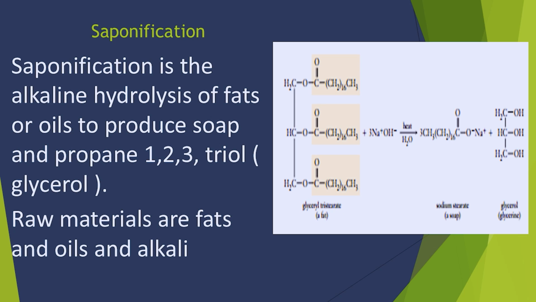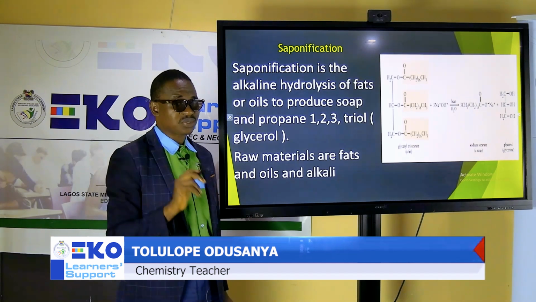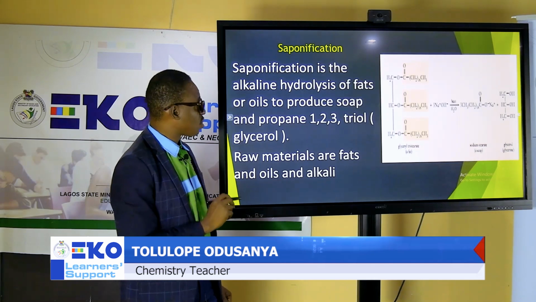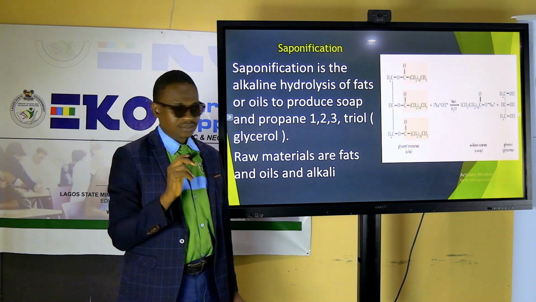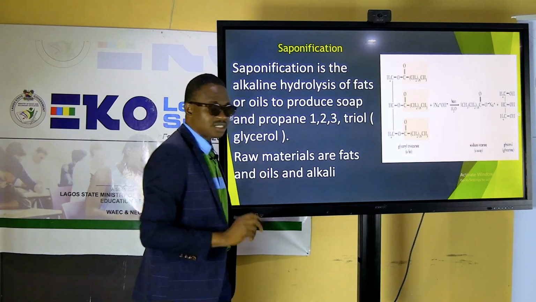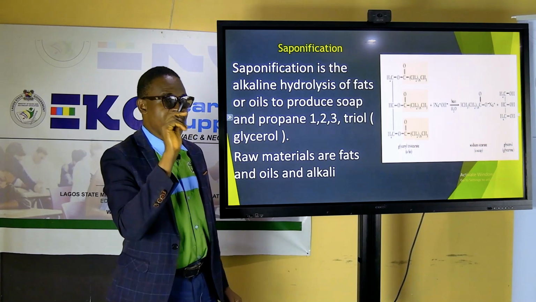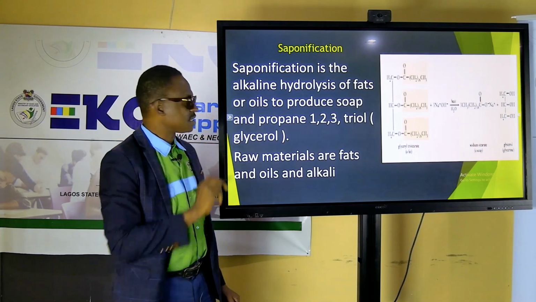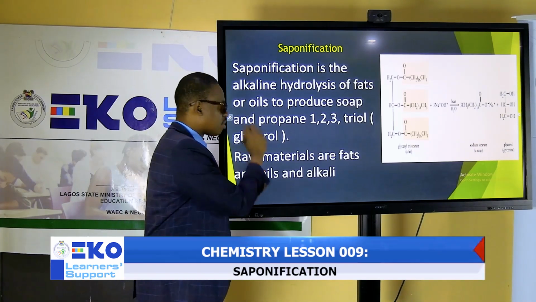Then you ask me, is soap the only thing we are going to get at the end of the day? No. We are going to have another thing together with that soap, and that is called propane-1,2,3-triol. The "tri" is coming from 1, 2, 3. It means we have 3 OH groups in that particular compound. Generally, we call it glycerol.